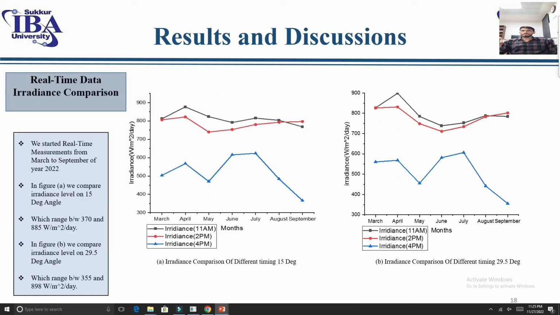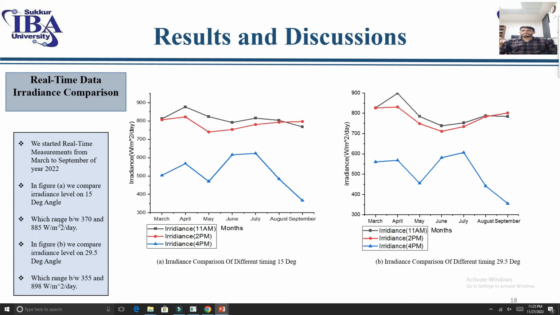So these are the real-time measurement results. Here we are comparing the irradiance at different times. Irradiance at 11 a.m. is the highest, and then at 2 p.m. the irradiance is a little bit more than at 4 p.m. This is the 15 degree angle and this is the 29.5 degree angle.